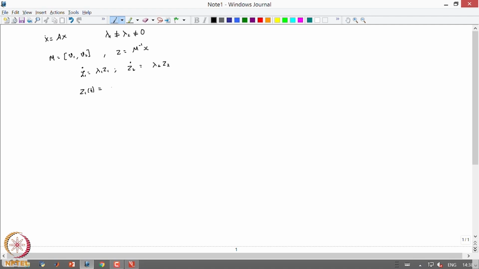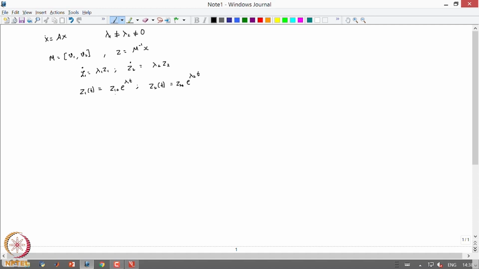Z1 of t is Z10 e power lambda 1 t. Similarly, Z2 of t is Z20 e power lambda 2 t. So, this is just how the solutions would look.